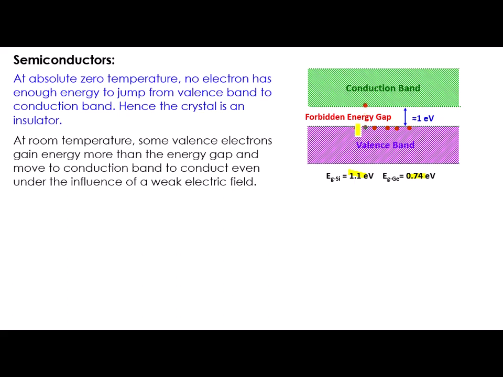When electrons are excited to the conduction band due to the supply of heat energy, some deficiency of electrons will be there in the valence band, and those deficiencies of electrons are called holes.